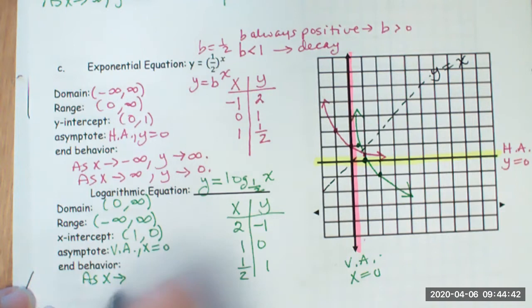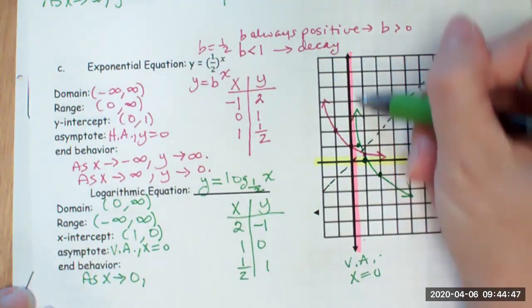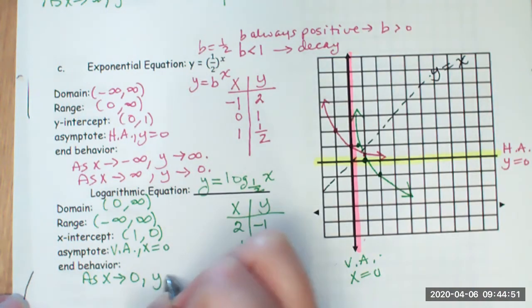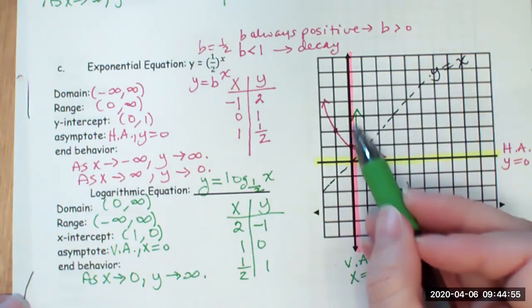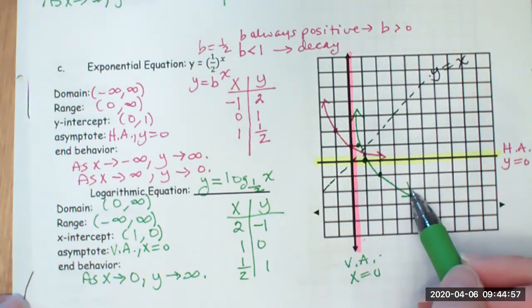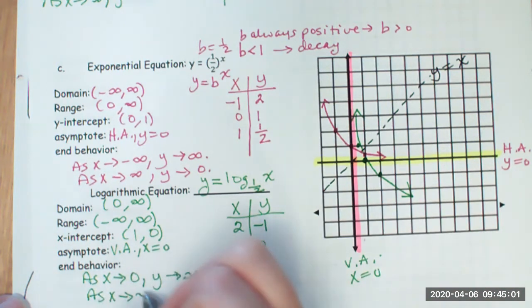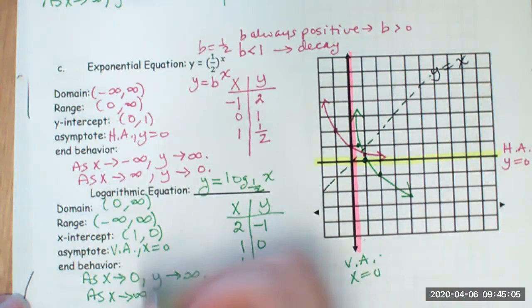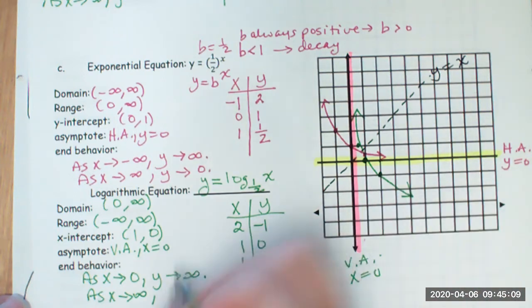So as x approaches 0, y is approaching infinity. Okay. And as x approaches infinity, as x is getting really, really large, right? As we move to the right on this graph, x is getting really, really large, but simultaneously, y is getting really, really small. Y is approaching negative infinity.